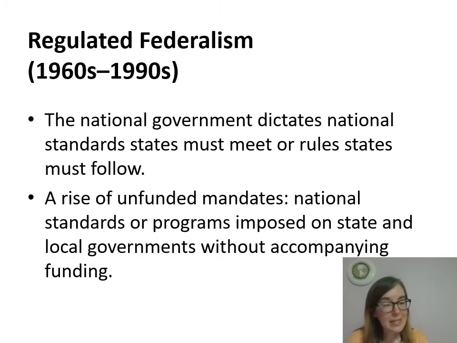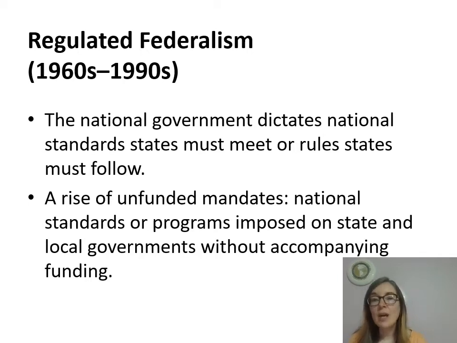In 1990, Congress passed the Americans with Disabilities Act. So this required all government buildings, including schools, any state buildings, anything run by the government, to have access for handicapped people. And the problem was that the federal government provided no funding to make this happen.